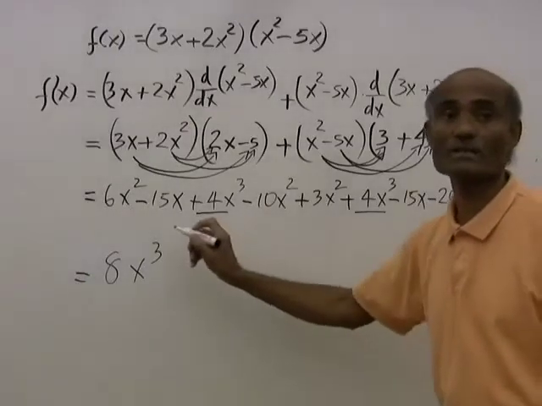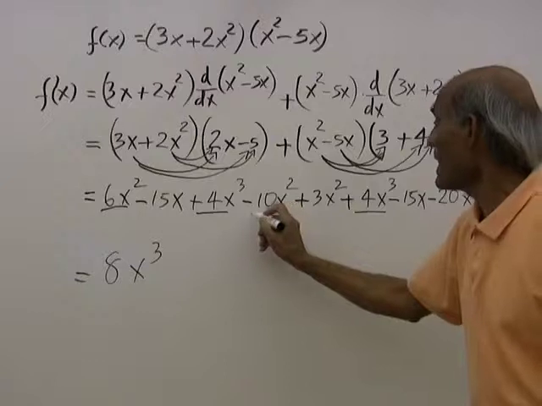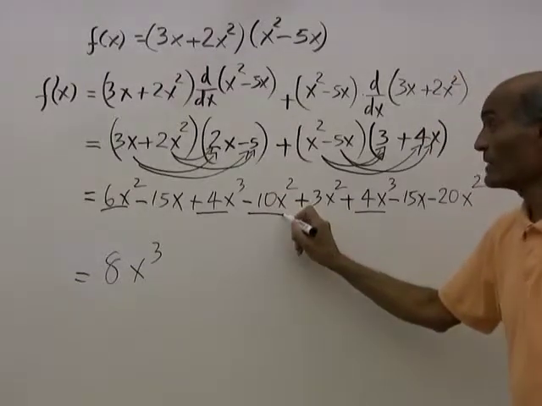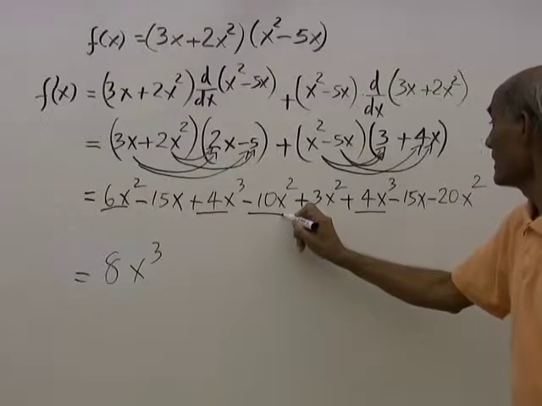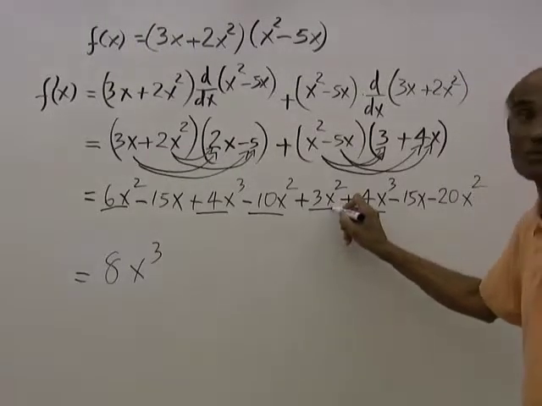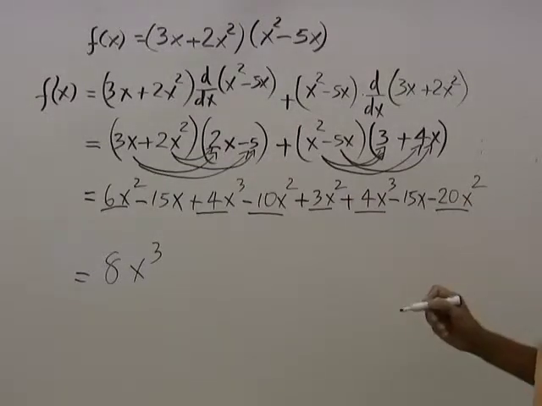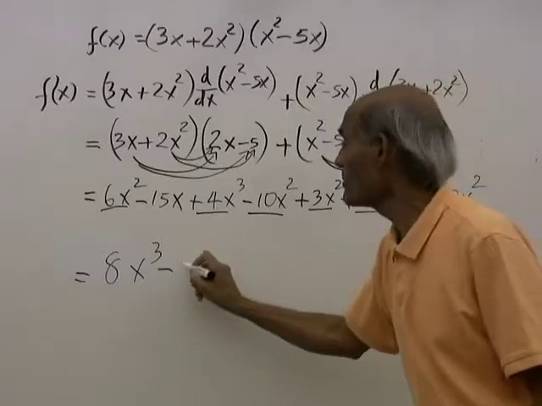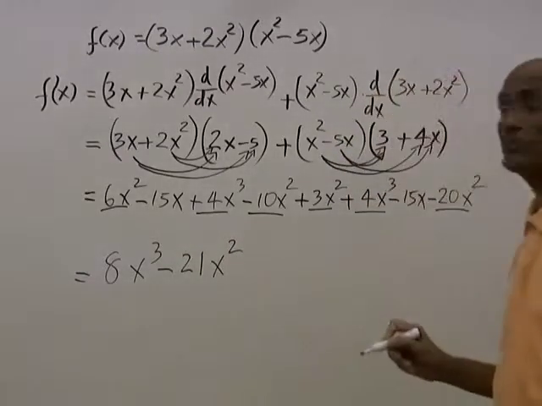Collect all the x squared terms. 6x squared minus 10x squared gives you negative 4x squared plus 3x squared is negative 1x squared minus 20x squared will be minus 21x squared. I hope you understood that.